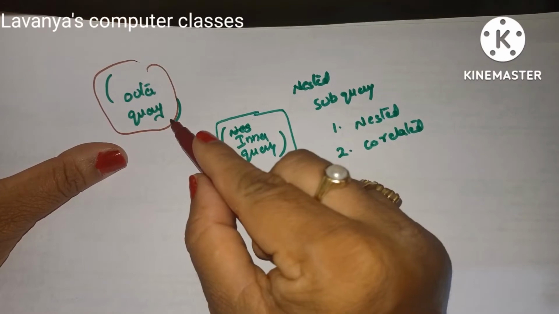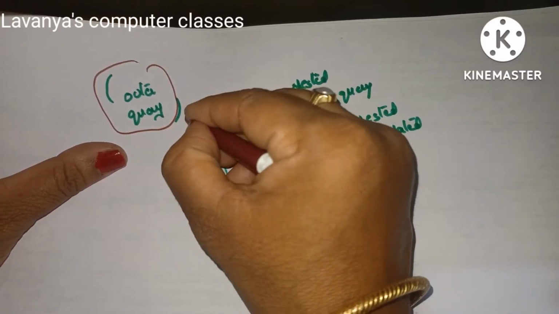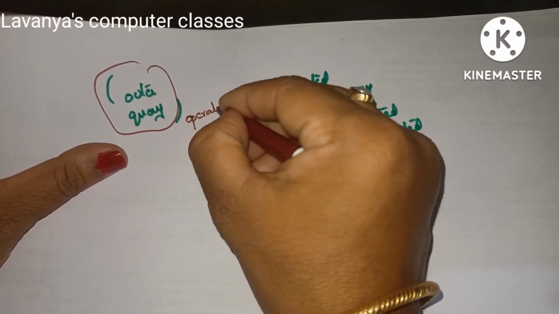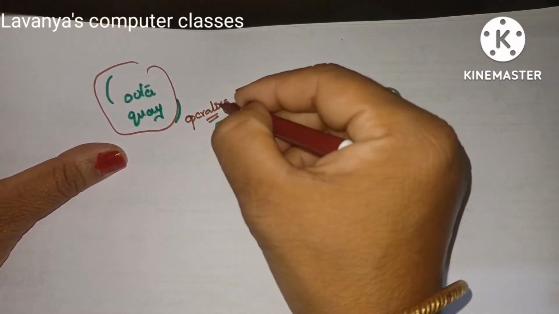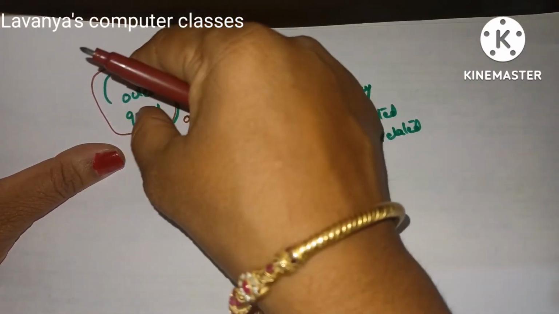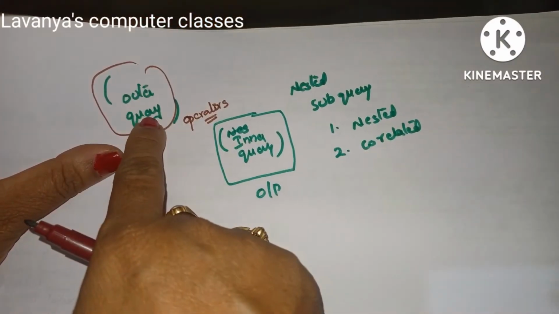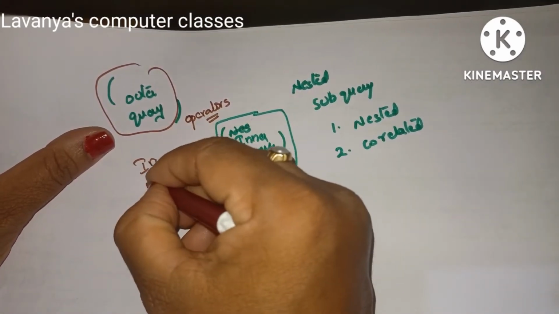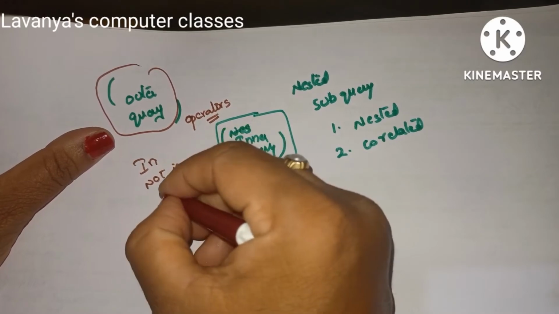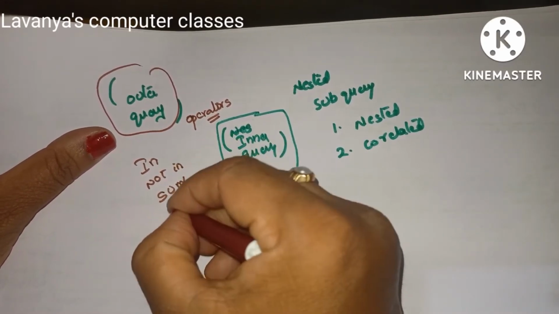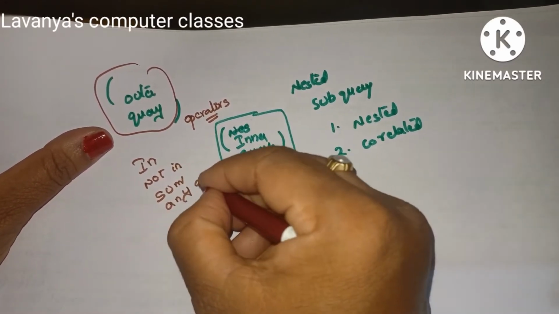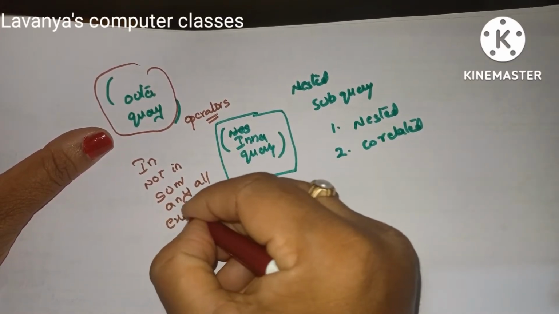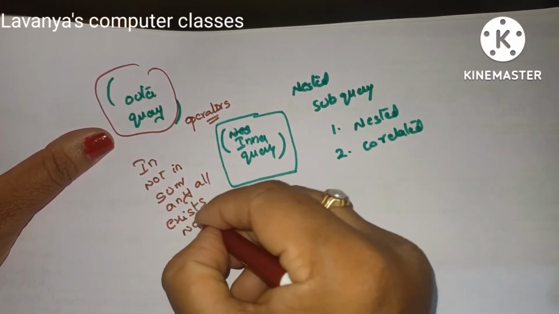So how do we combine these two queries? Here we need some operators. The operators used for relating the outer query and inner query are IN, NOT IN, SOME, ANY, ALL, and now we are using EXISTS and NOT EXISTS.